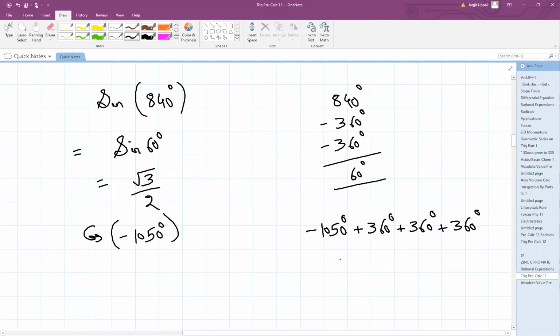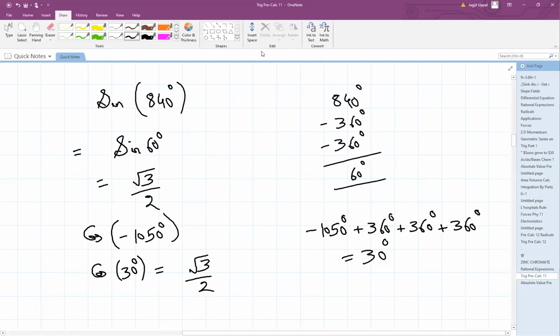Maybe you have to do it once more. You get 30. 30 or negative 30? 30. Okay, so that was just 30. Cosine of minus 1050 is just going to be cosine of 30, which is square root of 3 over 2. So whenever your angles are really big or really small, you can just use coterminal.